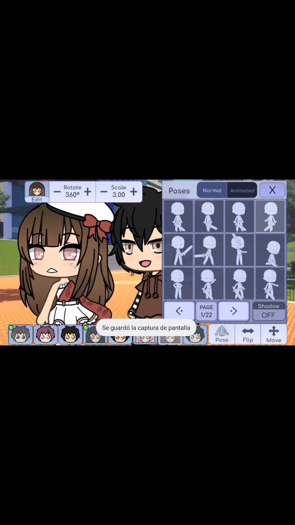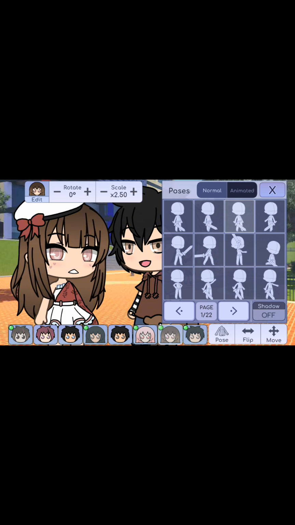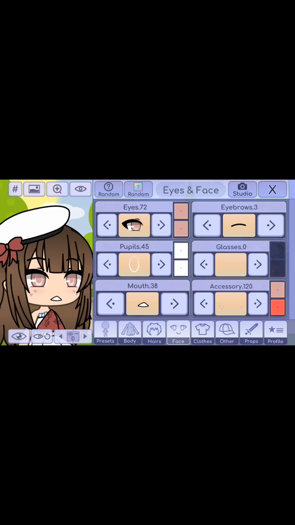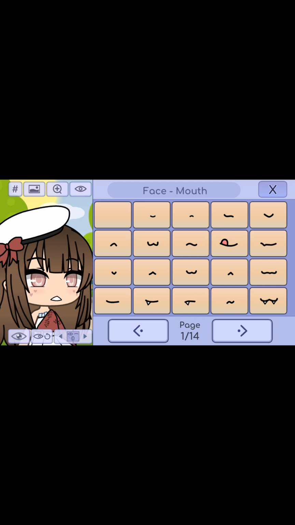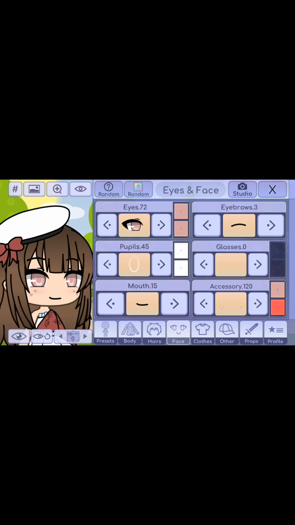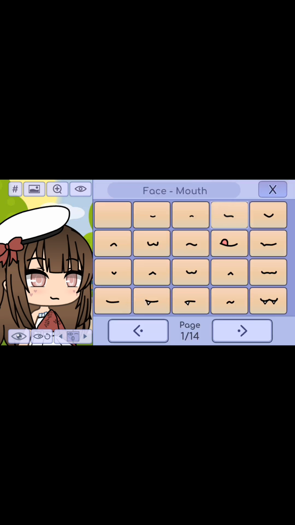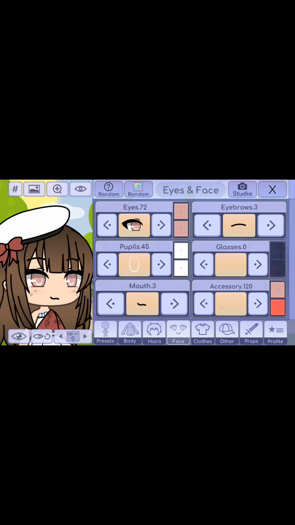That gives you a little bit of space to change the expression to make it smoother. See, instead of just turning around, there's a little pose in between that will make the movement a little bit smoother.